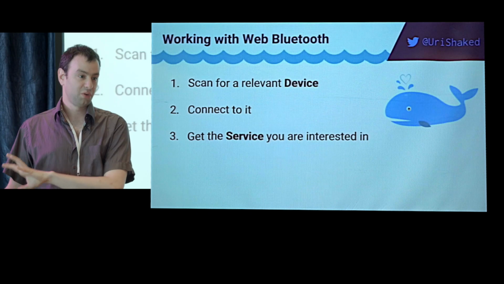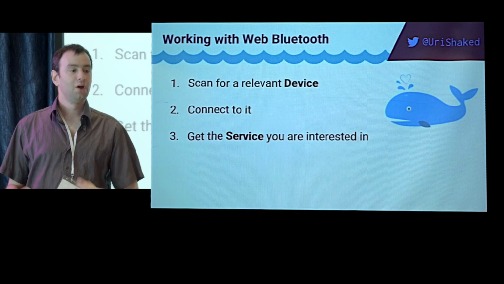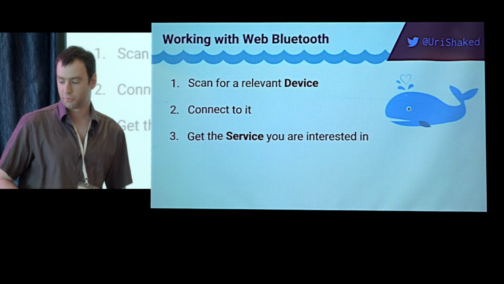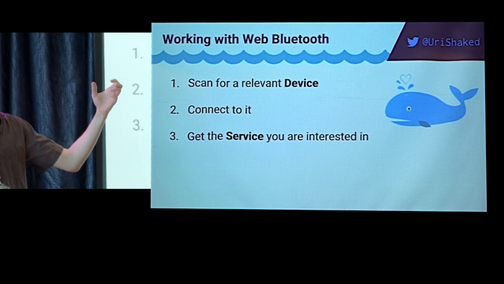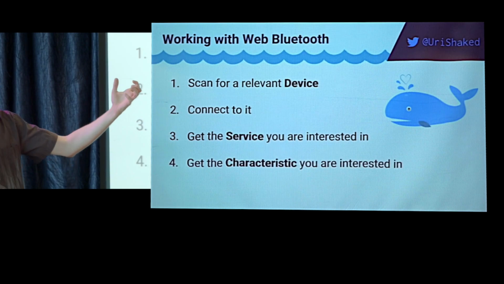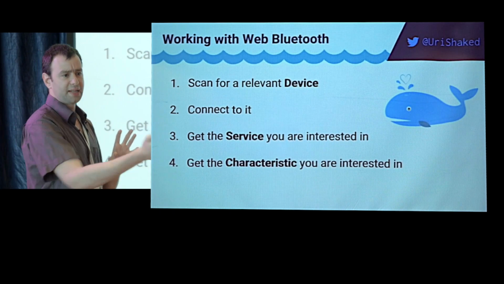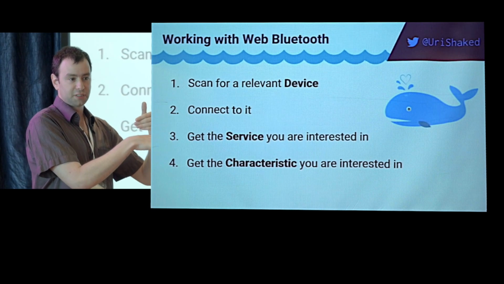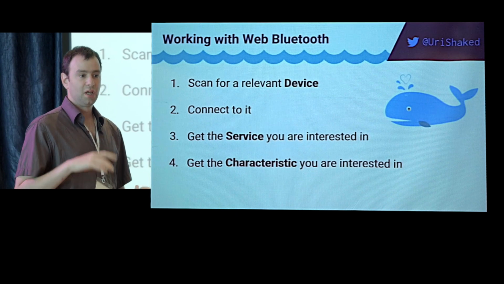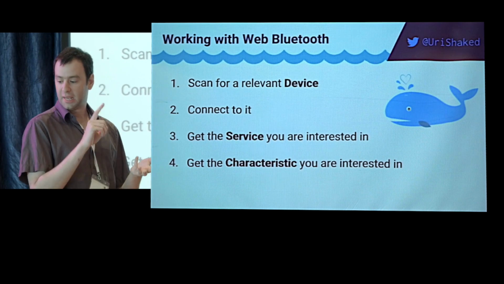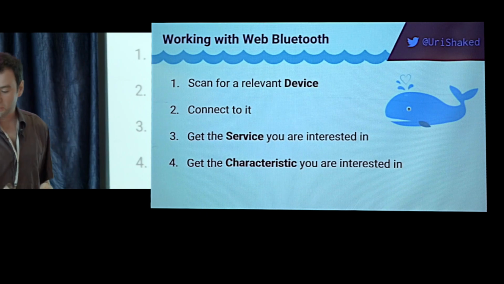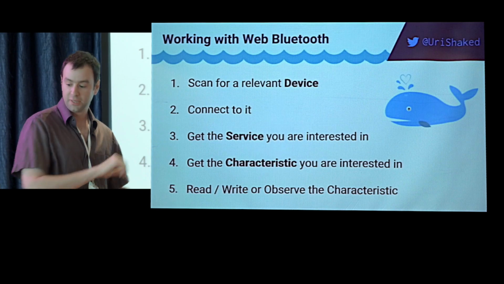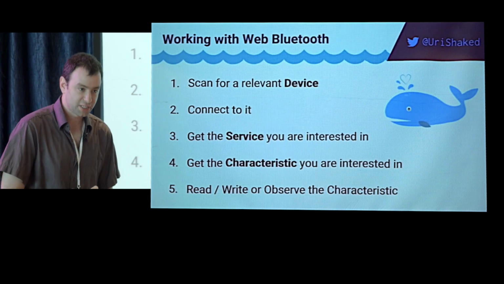So once we connect to the dancing robot, we want to get the service that allows us to control the motors of the robot. And once we have the service in hand, we want to interact with it. So we get a characteristic, and this allows us to write and read from that service to the specific characteristic. So we get a device, connect to it, get a service, get the characteristics, and once we have the characteristic in hand, we can read from it, we can write to it, and we can, of course, RxJS it.